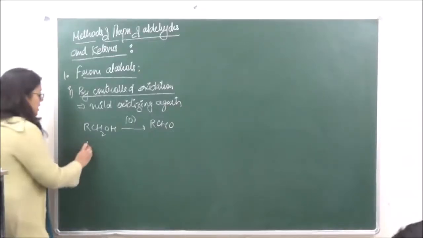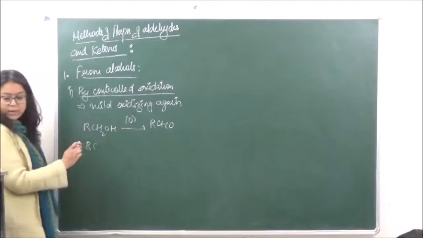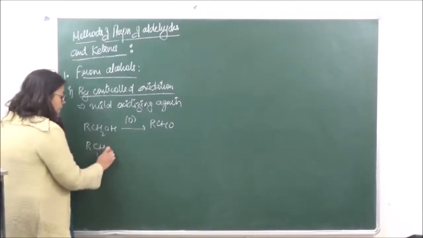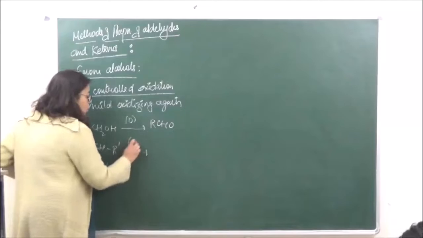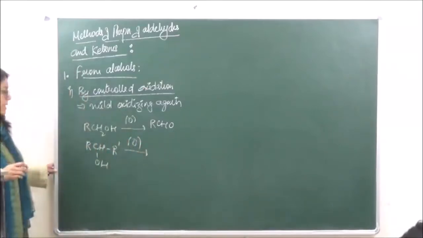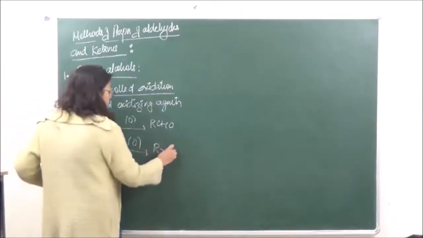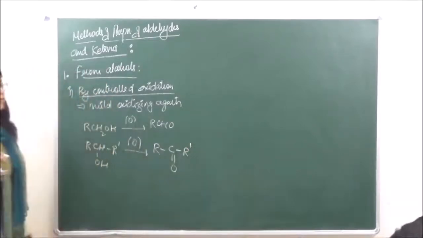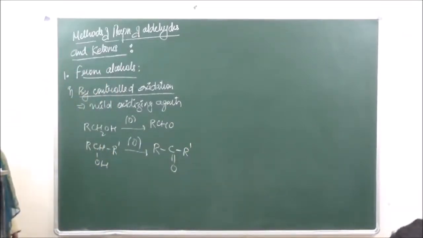But if we take a secondary alcohol and oxidize it with a mild oxidizing agent, it gives a ketone, again with the same number of carbon atoms as in the reactant.